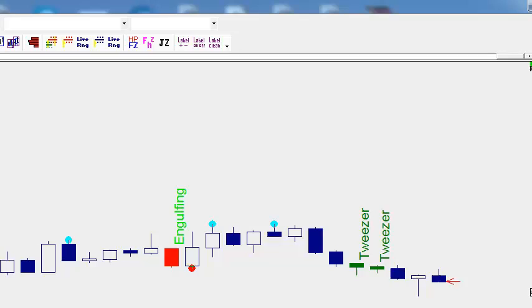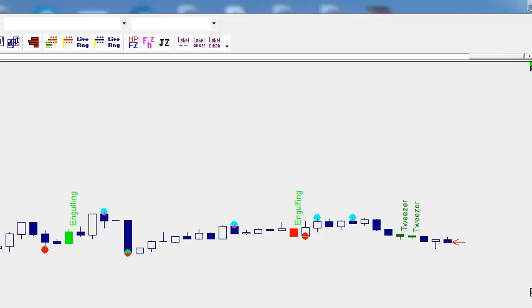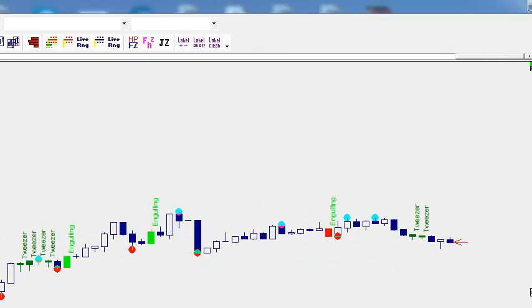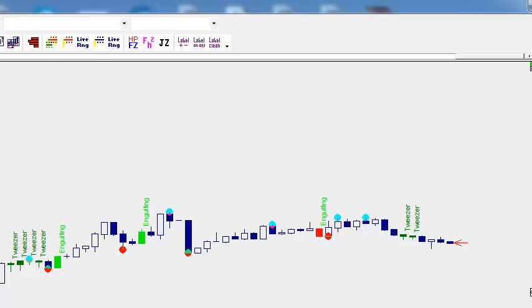So being we are in live time, this does not look very easy. A, B, C. I do not have an ABCD here on this 15-minute chart.